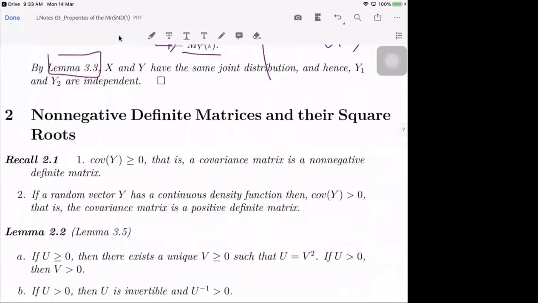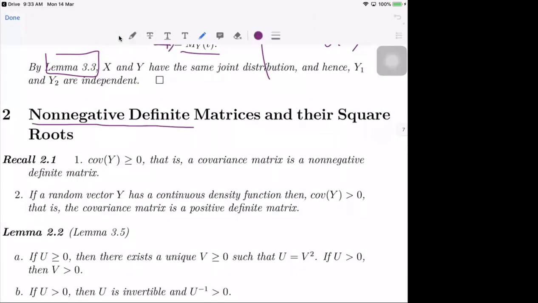So let's proceed and study more about the non-negative definite matrices. A matrix is non-negative definite if you can write this notation. This is not read in terms of matrices as u is greater than or equal to 0. But in English terminology, what this notation is telling you is that U is a non-negative definite matrix.